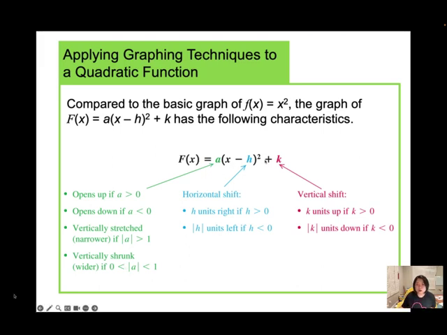And then within the parenthesis, the h here, when it's positive, you're going to shift to the right. When h is negative, you're going to shift to the left. And then the k here, this is called vertical shift. When k is positive, you're going to shift upward. When k is negative, you're going to shift downward.